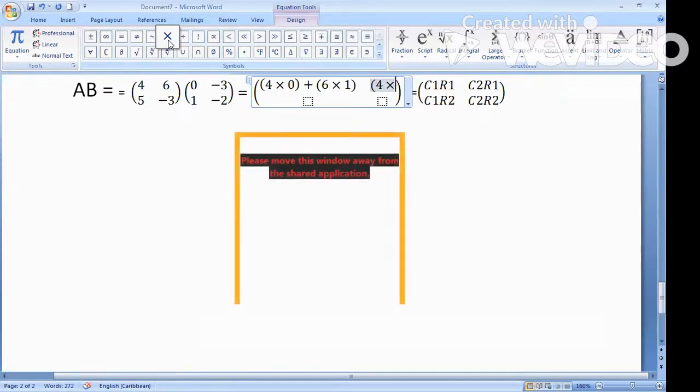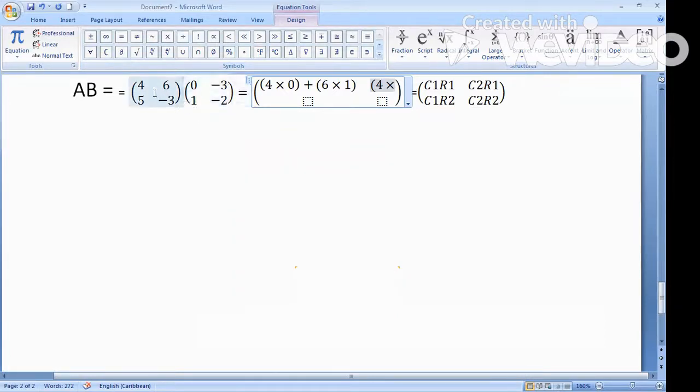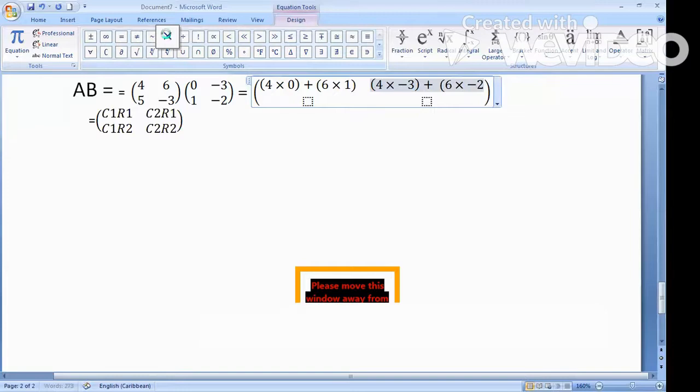No, remember, this is column 1. You're going to use the second column. So it'll be 4 times -3. Right. Second column now. And tell me the last part. And 6 times -2.